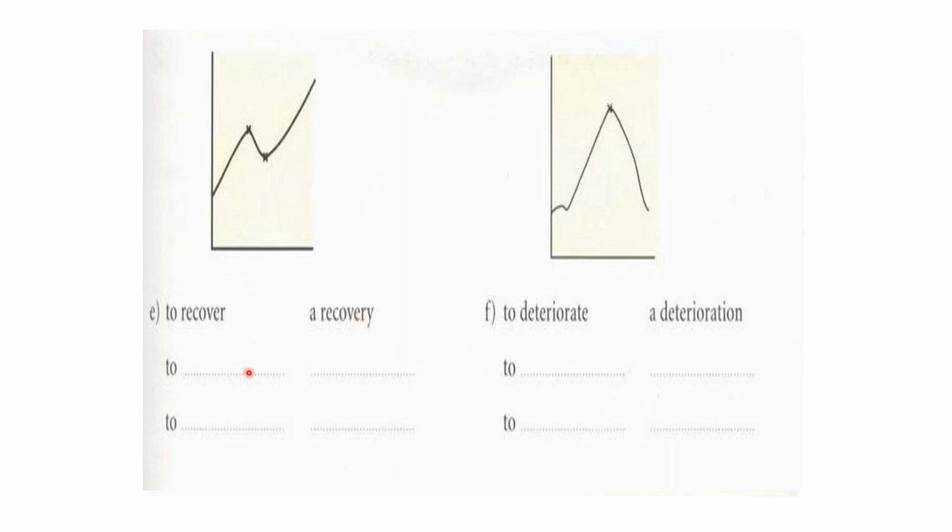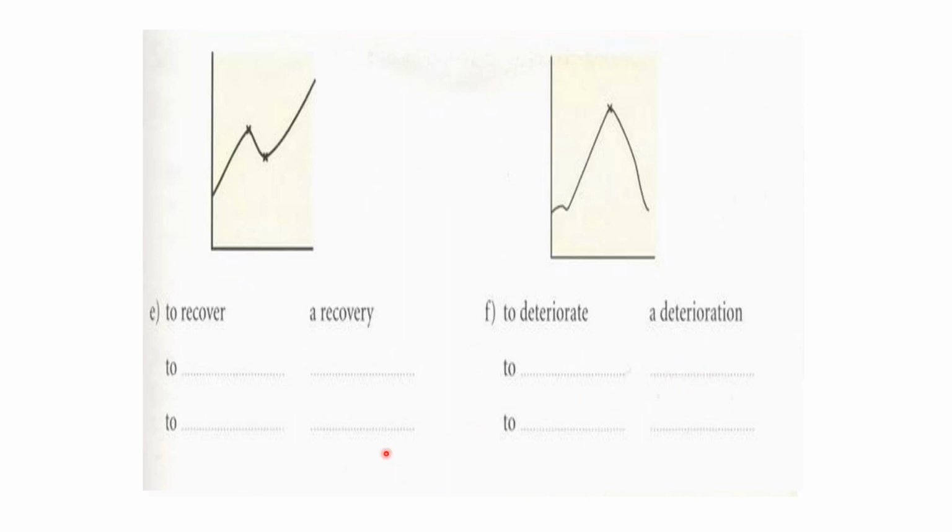And this one shows the drop, so it is to deteriorate. So a noun you can use is deterioration. To get worse or to worsen, but there is a noun for that.